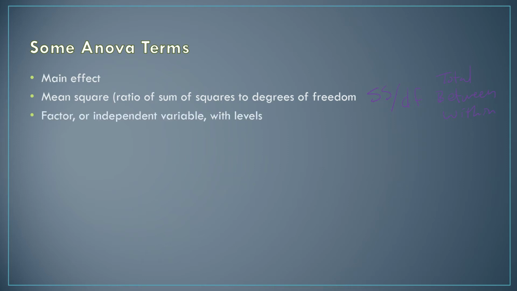You should also be aware that whenever we say factor, we are talking about the independent variable that is establishing the levels. These levels are the groups. These are also sometimes called the treatments or the treatment levels.